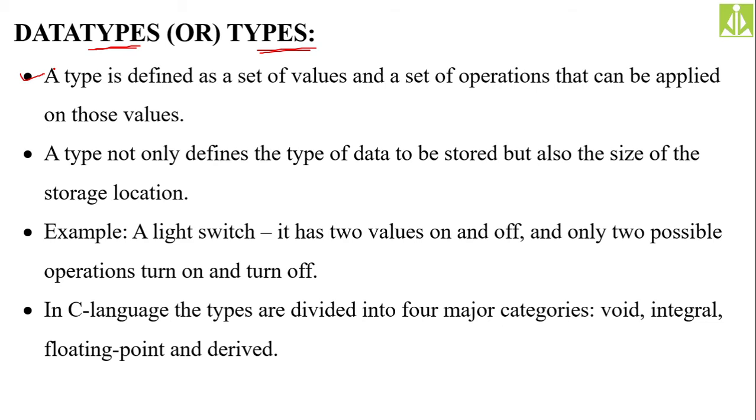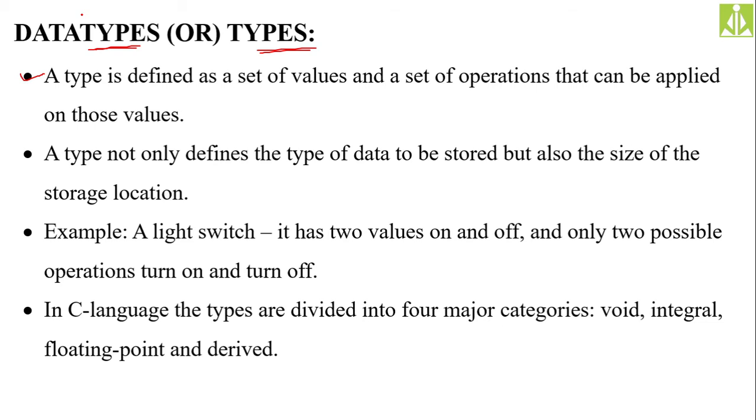Defining a single variable and storing whatever you want is not possible, isn't it? So size limitation is also going to be there, and the data type itself specifies that size limitation. In order to understand this concept of data types, you can take an example of a light switch. On the switchboard we are going to have a light switch, and it is going to have only two possible values.